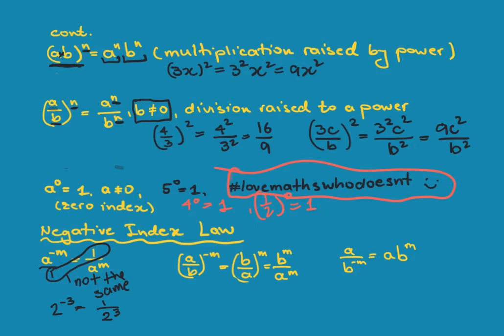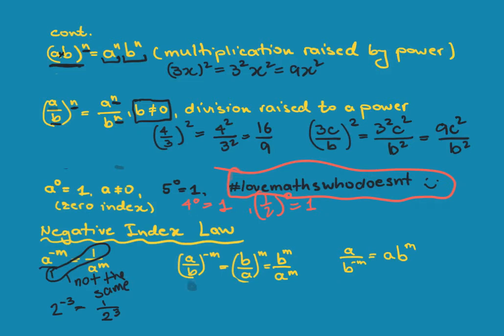So that's the one. The next one we have is (a over b), then brackets, everything to the power of negative m, equal to: if we move a from numerator to denominator, the power is going to become negative. I'm going to add something here as well, I think it's going to make more sense.